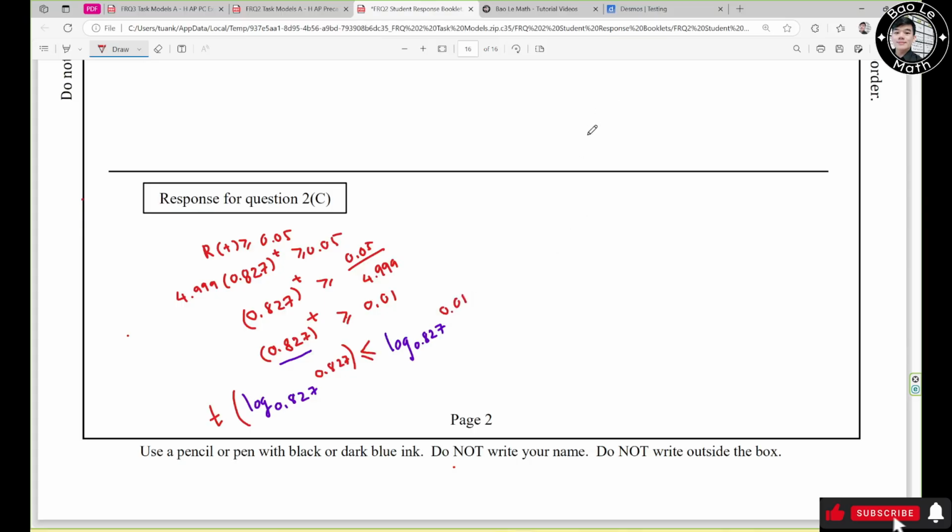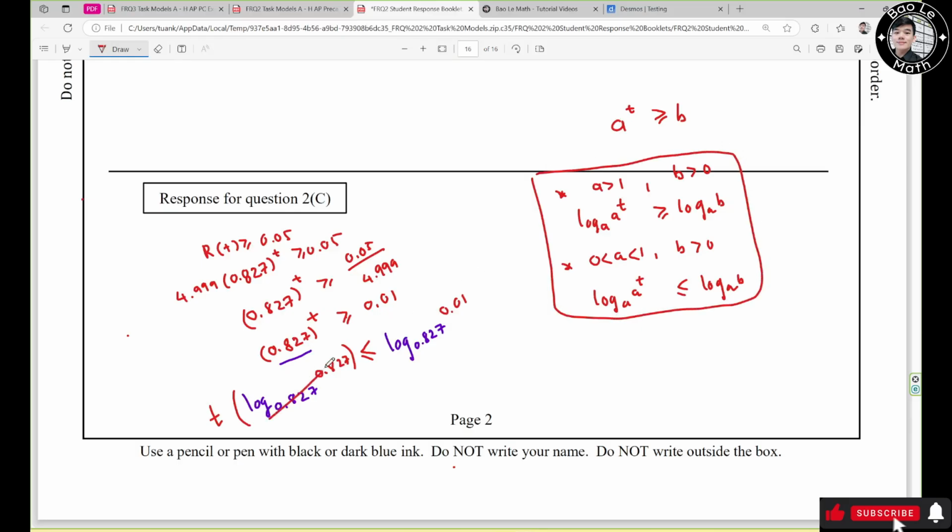Now if you have a power of a to the t greater than or equal to b, if a greater than 1, b greater than 0, then you have log base a of a raised to the t greater than or equal to log base a of b. Now if a is greater than 0 and less than 1 and b greater than 0, you have log base a of a raised to the t less than or equal to log base a of b. So keep that in mind.